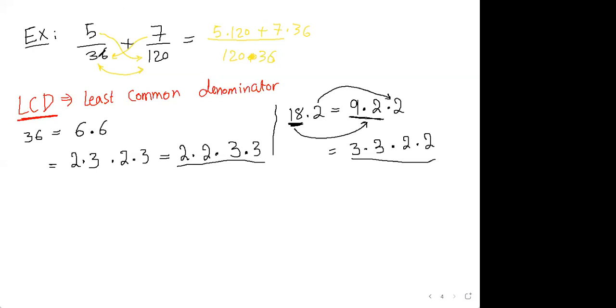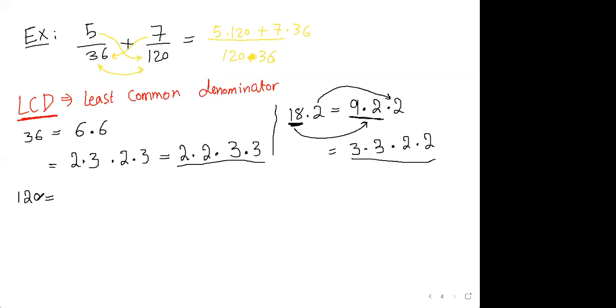And again, I take the 120, the second denominator. So actually I'm factoring the denominators of both fractions. 36, I factored to 2 times 2 times 3 times 3. 120, I want to factor it again, same idea as 36.